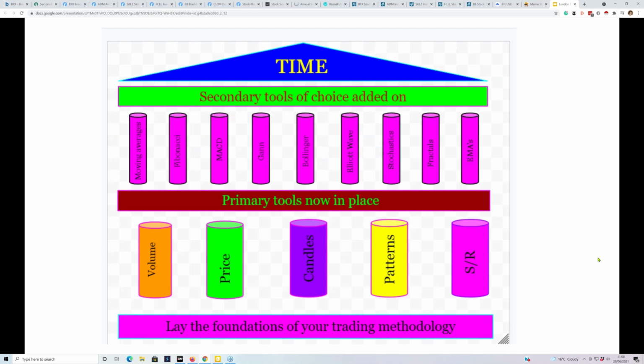I know I bang on about this every time, but I really cannot stress enough how important support and resistance is. We have our own way of determining those key support and resistance levels that are important to the market and to other traders out there. We use price-based, and we also use volume-based levels.